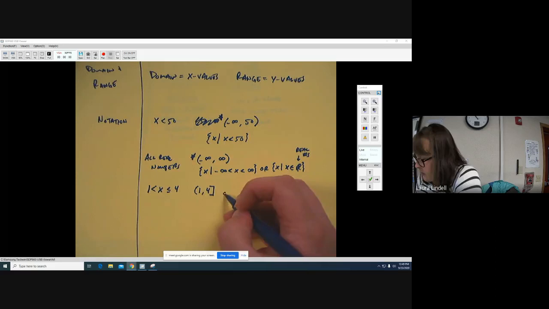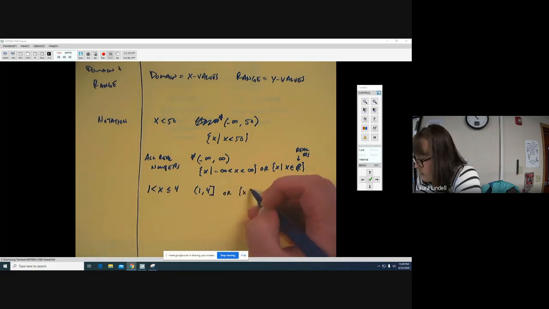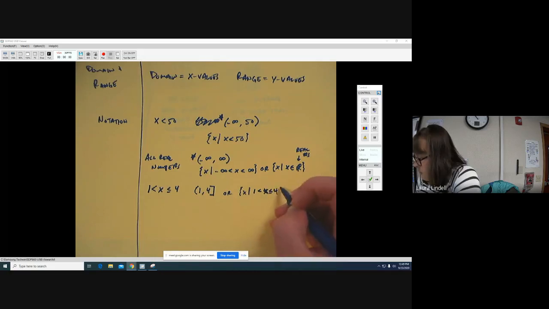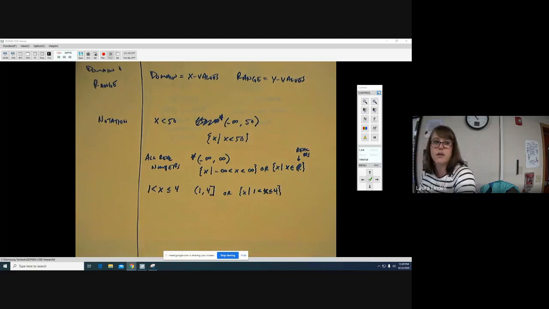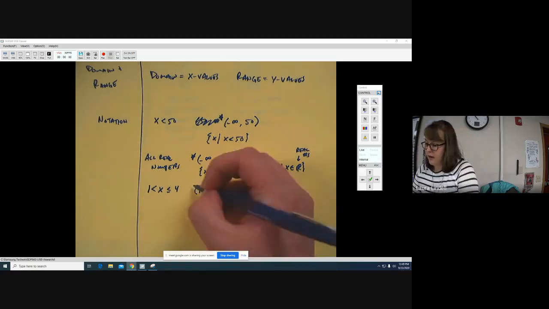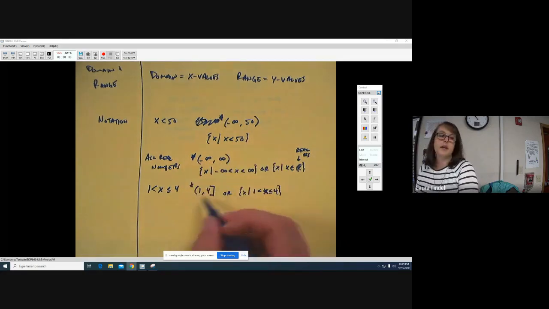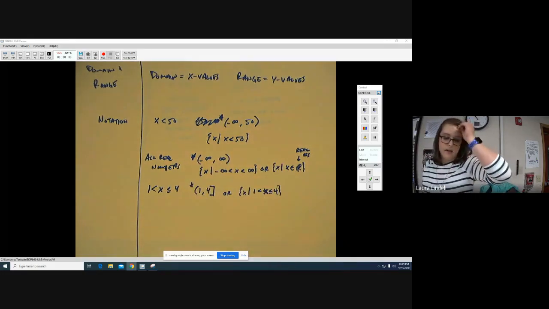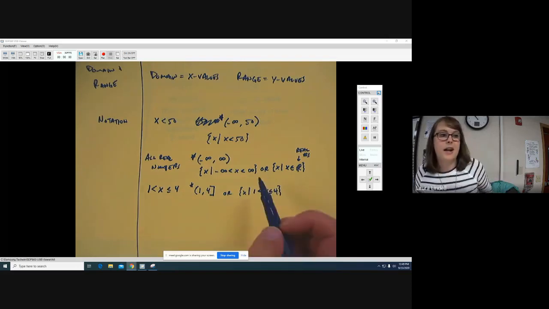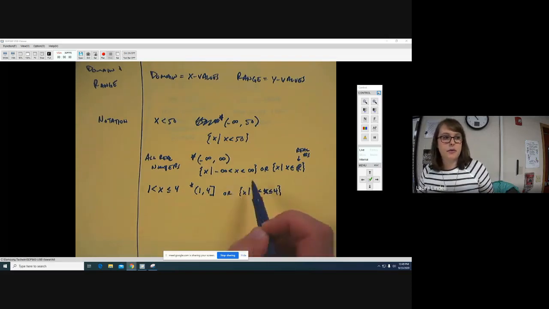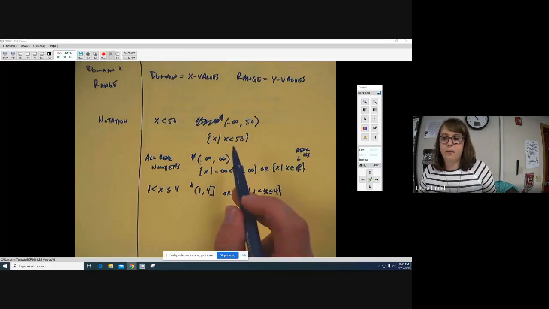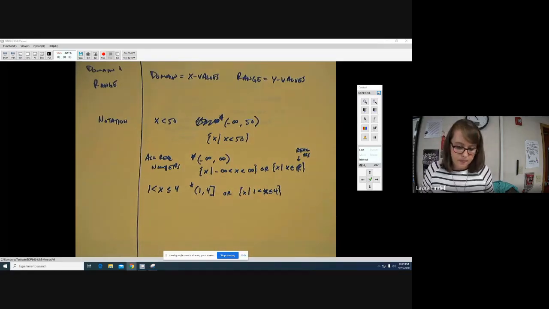Or if you were doing it the set builder way, X such that 1 is less than X, less than or equal to 4. Okay. So again, this is mostly the notation that we will be using. But occasionally in things like IXL especially, you see this sort of notation, which is one of the reasons that today we're not doing IXL.